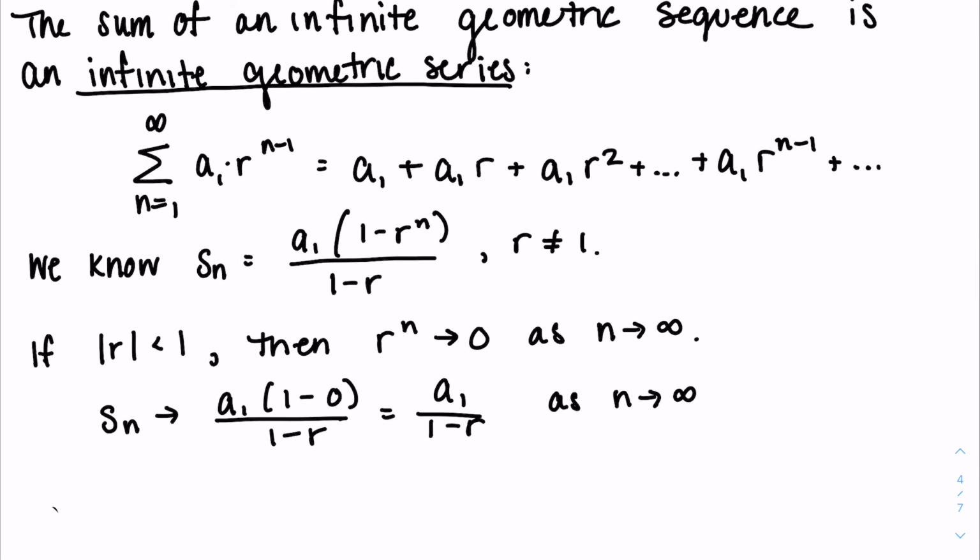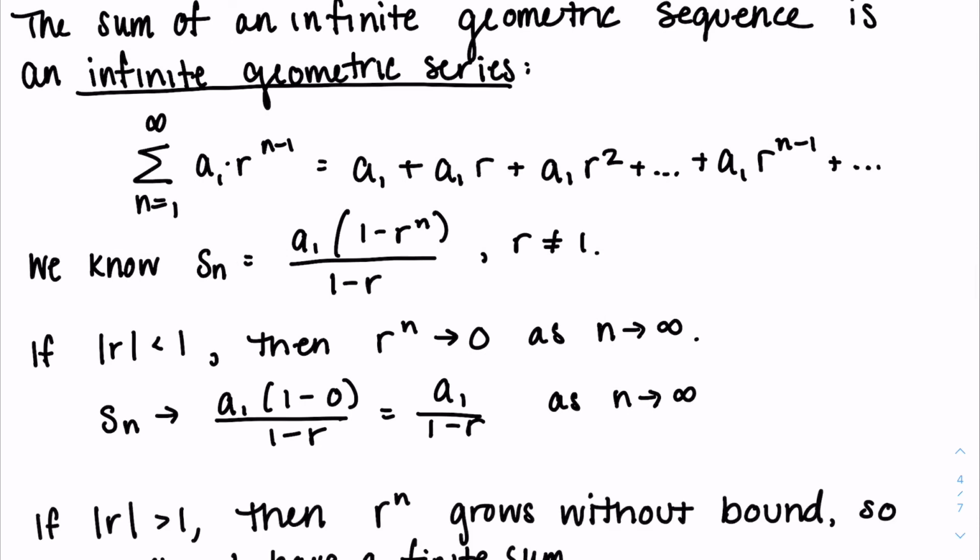If your common ratio is bigger than 1, however, think of your common ratio being 2. You're going to have your first term, multiply it by 2, multiply it by 2, multiply it by 2, and you're going to add all of those up. Those terms are just going to get larger and larger. So this r to the n is going to end up growing without bound.